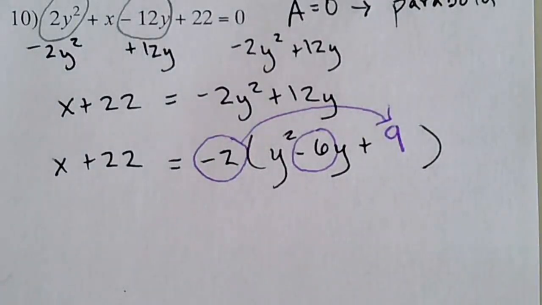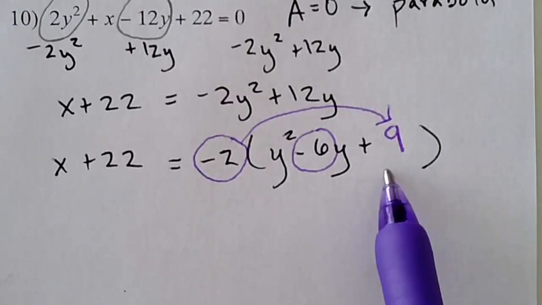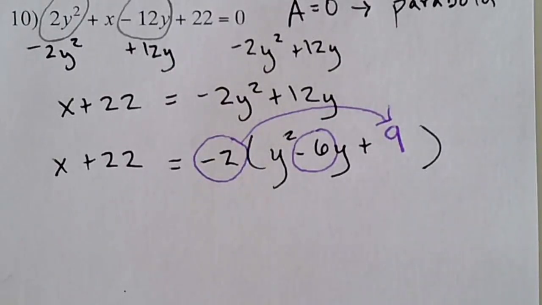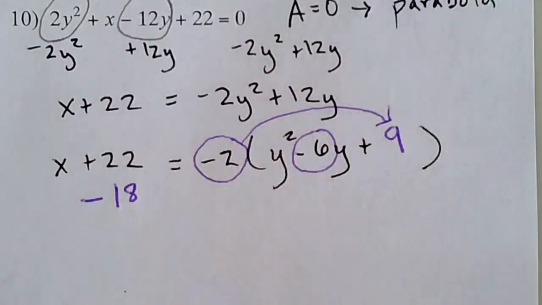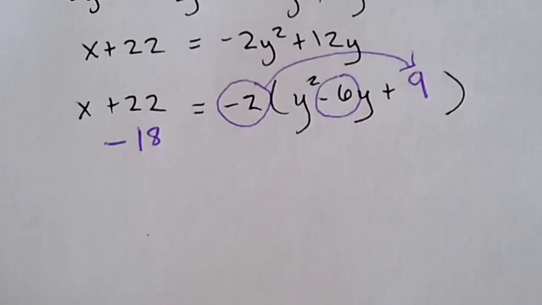What's -2 times 9? -18. So we actually subtracted 18 from the right. So if we subtract 18 from the right, we have to subtract 18 from the left as well. Maybe you have to stare at it for a while before that makes sense, but that's what we did.